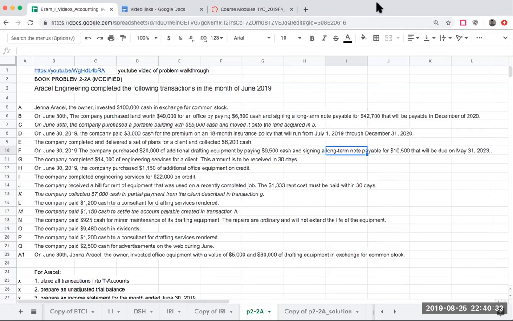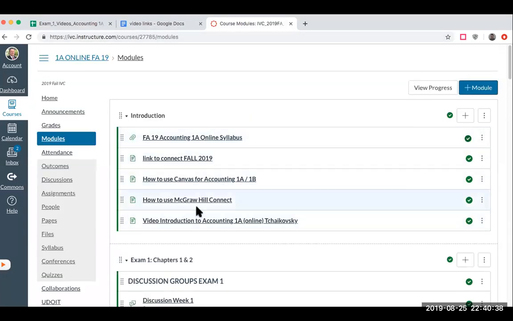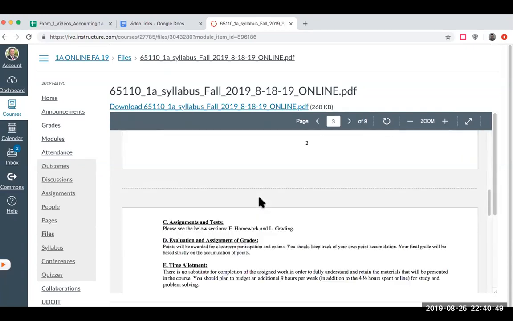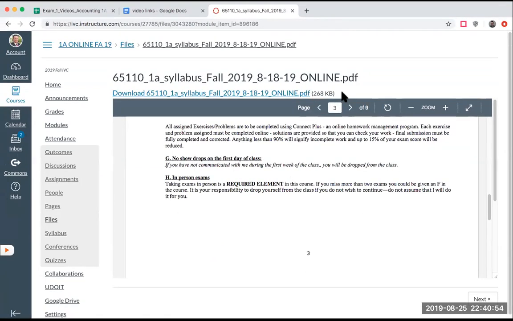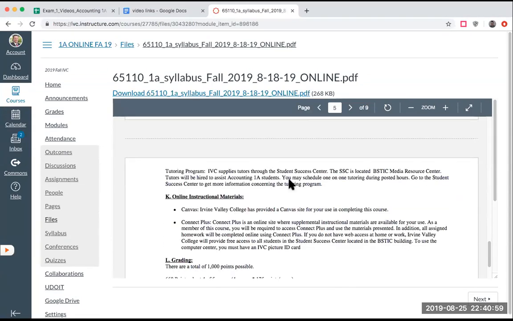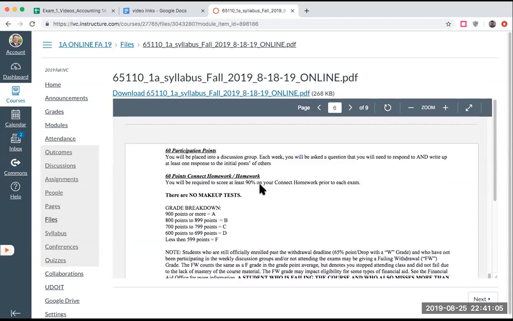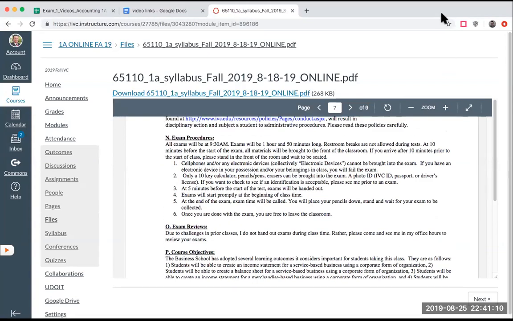If you take a look at my syllabus, in the description of how my exams work, generally you're going to have an hour and 50 minutes to do it, or maybe 2 hours. I like to start my exams on time, so I'll start passing out exams at least 5 minutes early, because it takes some time to get them all out.